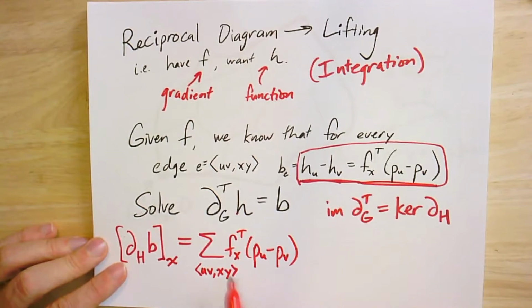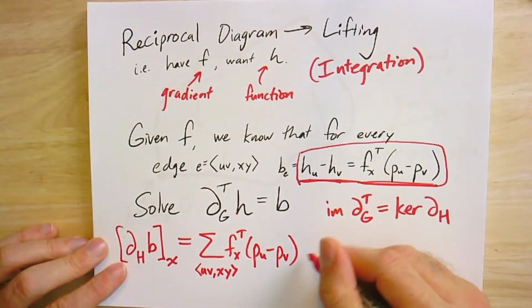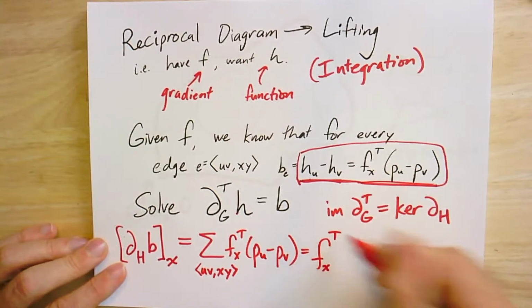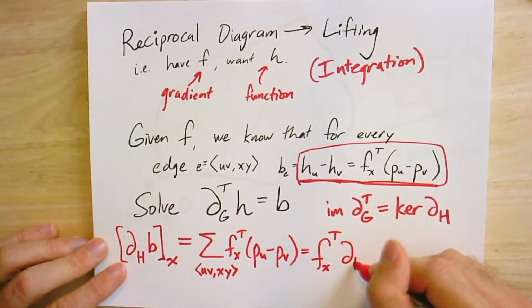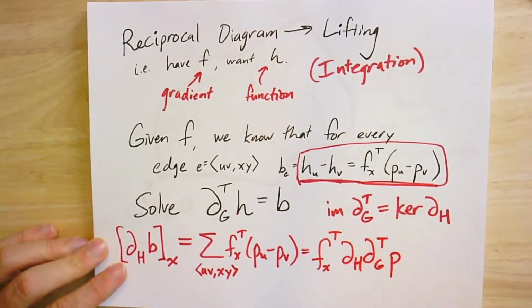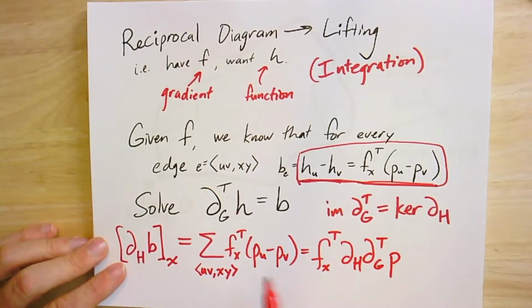And if I look at this expression, you see that this term fx doesn't depend on the edge, so we could actually pull that out. And then the sum here, this is actually just equal to fx times the boundary of h times boundary g transpose p. Okay, because what did I do?